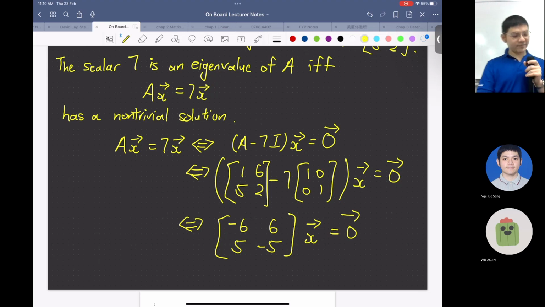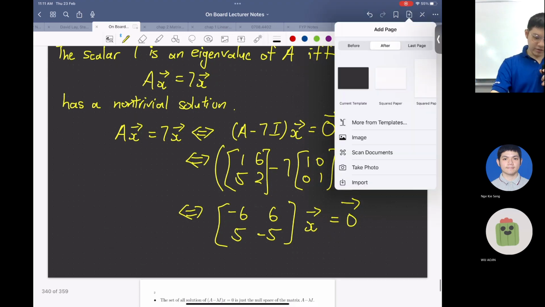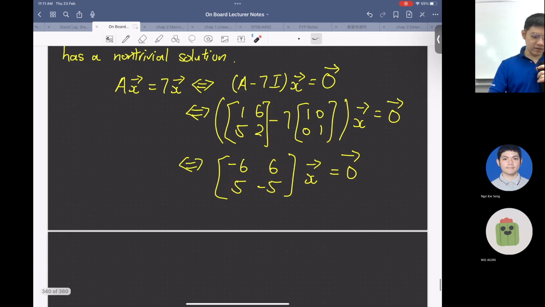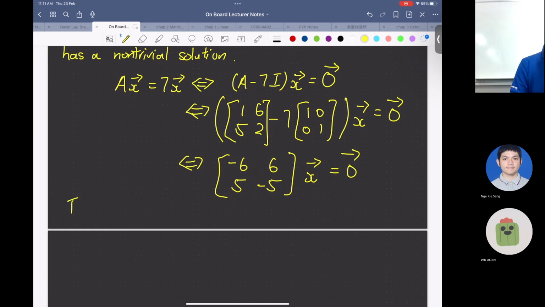I think this one is quite straightforward. You see that this is minus 6, 6, 5, minus 5. The columns are linearly dependent.